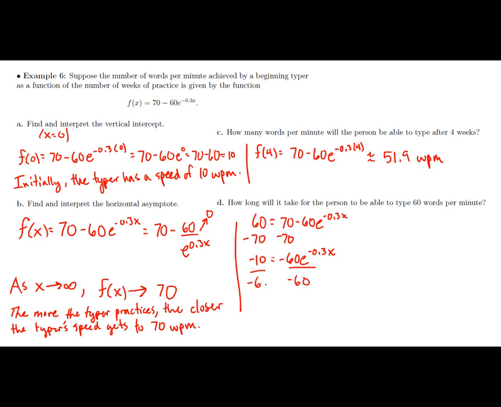And as we've done many times, isolate that exponential. So reducing negative 10 over negative 60 to 1/6 equals e to the negative 0.3x, and taking the natural log of both sides.